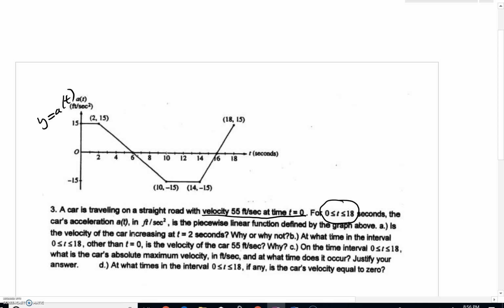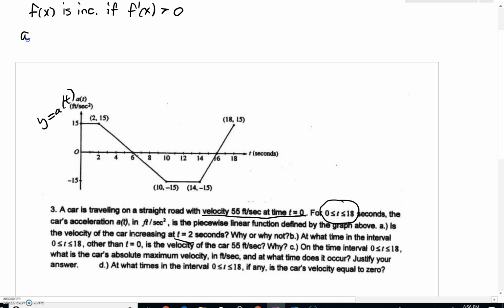So as we look at letter A, is the velocity of the car increasing at t equals 2 seconds, y or y not? Friendly reminder, we could say f of x is increasing if f prime of x is greater than 0.